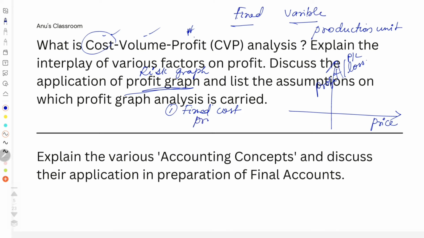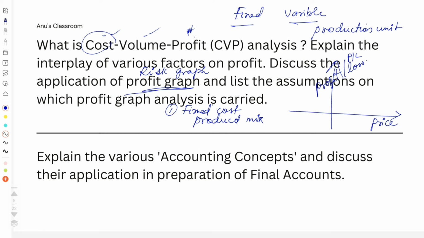An efficient manager or business owner should know these assumptions behind the profit graph, and try to bring out the best results from the CVP analysis while accounting for them, because it is not always that your fixed costs remain constant, or that you have the same product mix.